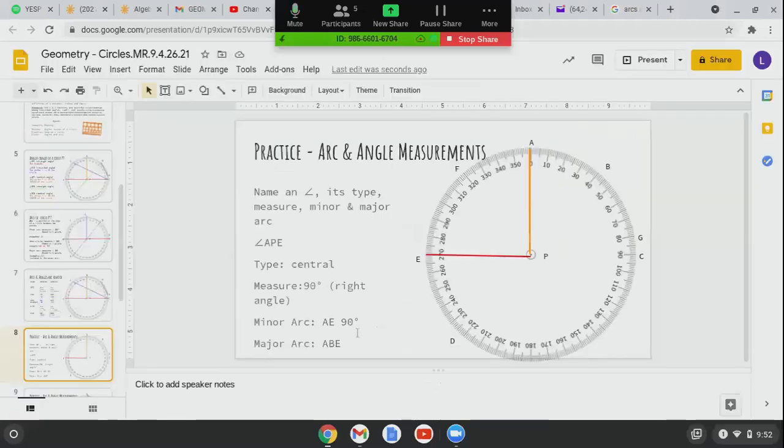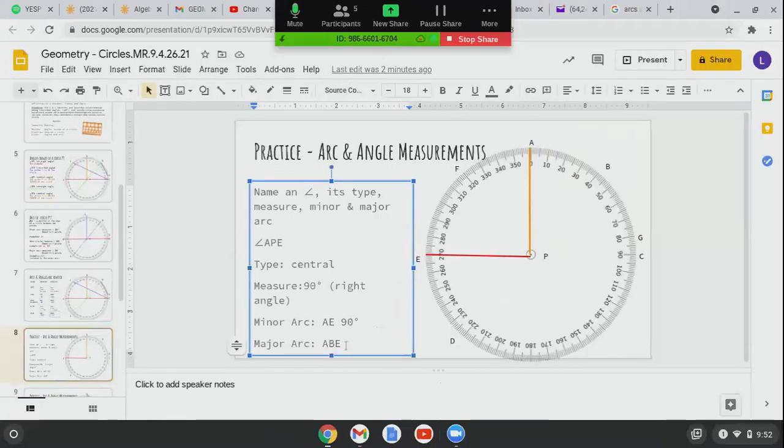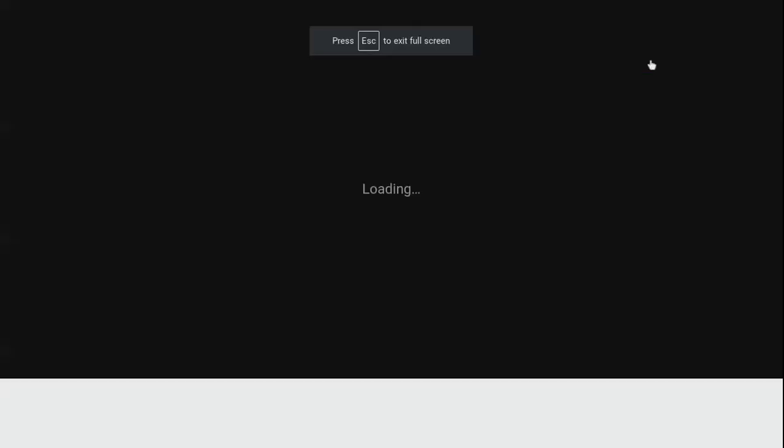Because again, the two measures together total 360 degrees.